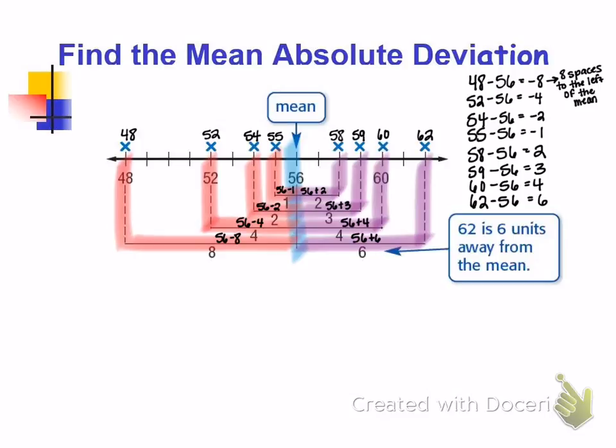Whereas if we looked at the data value of 62, that deviation was 6, and it was positive, meaning that 62 is 6 spaces to the right of the mean.